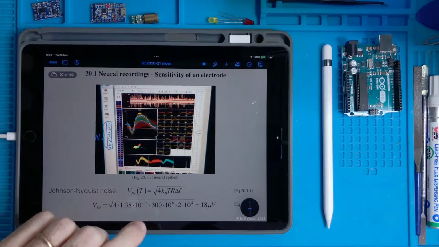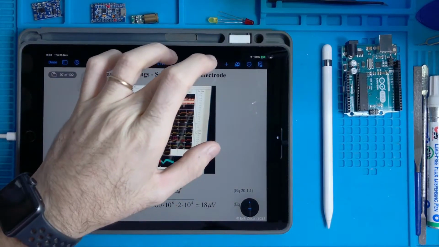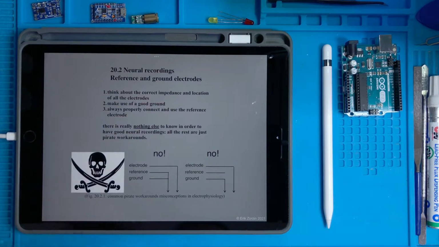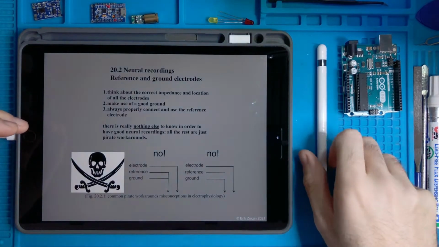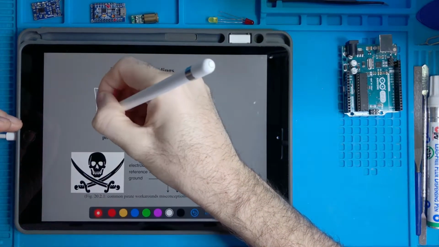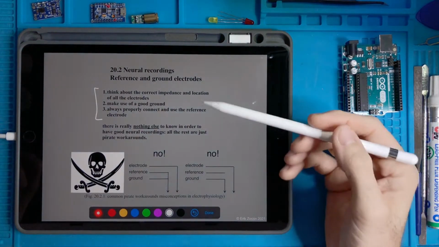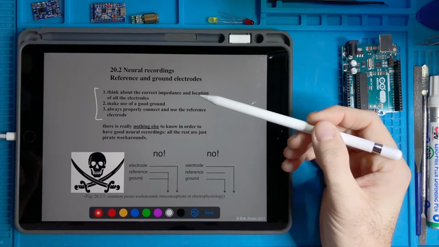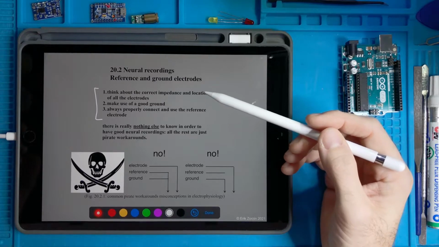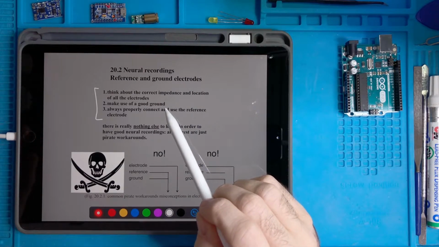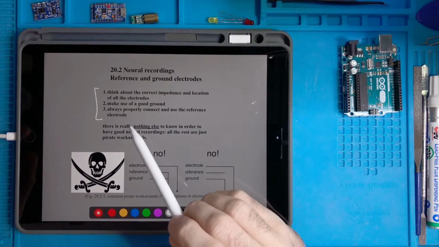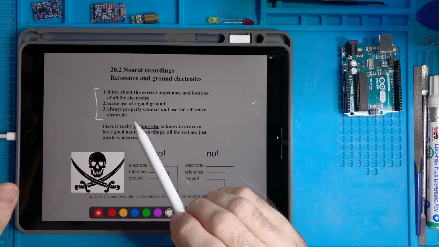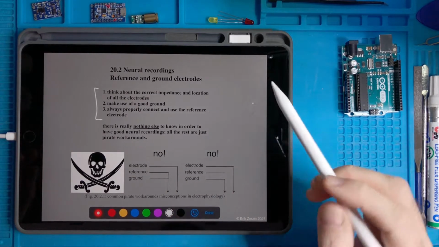Okay, then we move on. Here is something that we already said. We just summarize these three very important things: you have to choose the correct impedance and location according to what you want to do, use a good ground, and properly connect the reference.